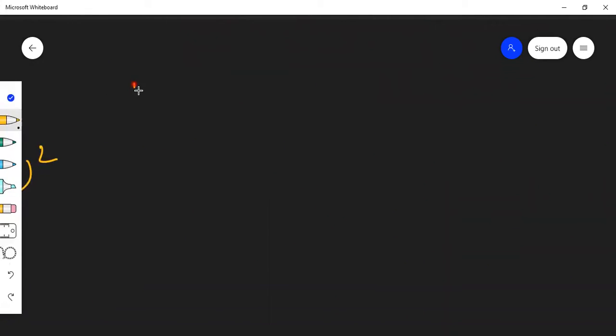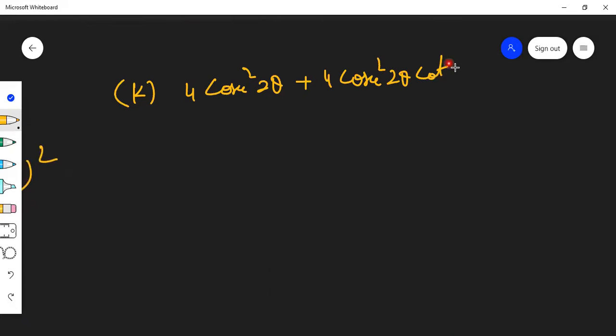So next, K part, that says 4 times cosec square 2 theta plus 4 cosec square 2 theta cot square 2 theta.